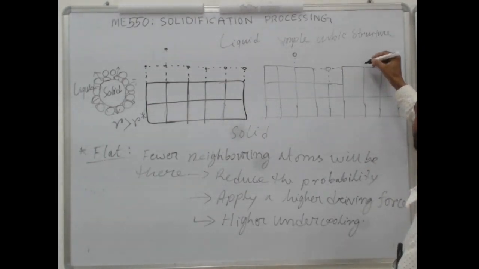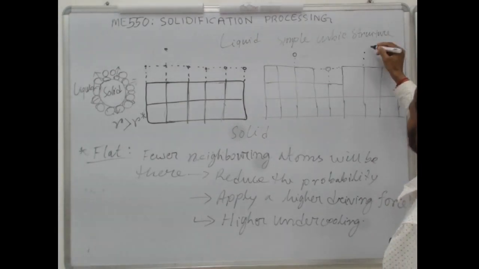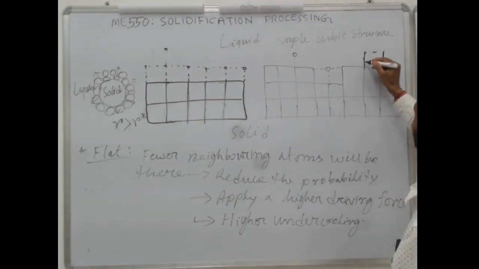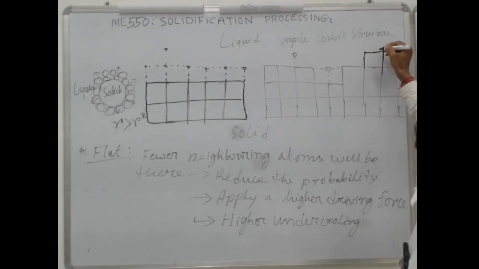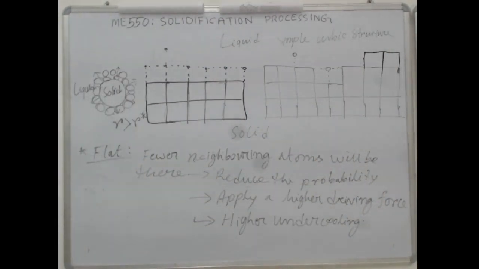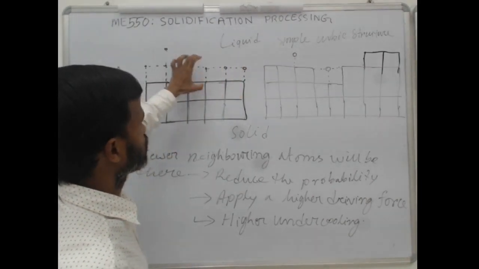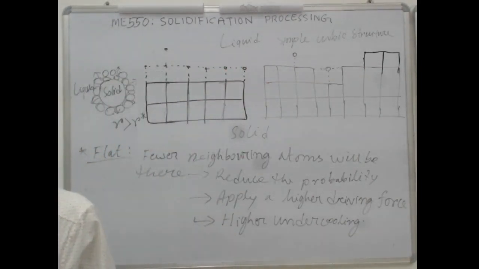One atom can come here also. As the surface is rough, randomly it will happen. Wherever you have some roughness, it will happen everywhere. So the surface will continue to grow. But in this case, it will lead to planar growth. Here you will have non-directional growth.